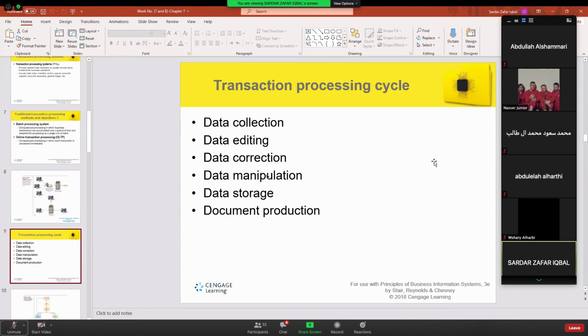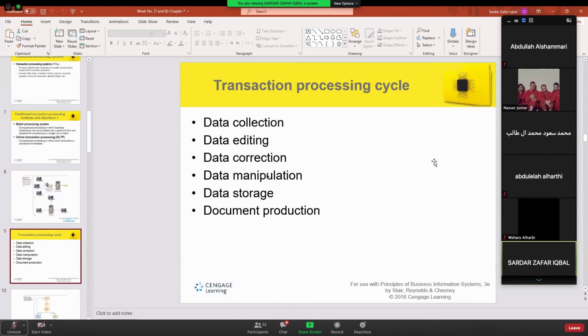You can conduct the analysis, you can generate graphs like you did in the assignment. Then you will store the data. And after storing the data, you can generate different documents. TPS reports means transaction processing reports, and document production. There are different documents that you can save and produce for further reference.